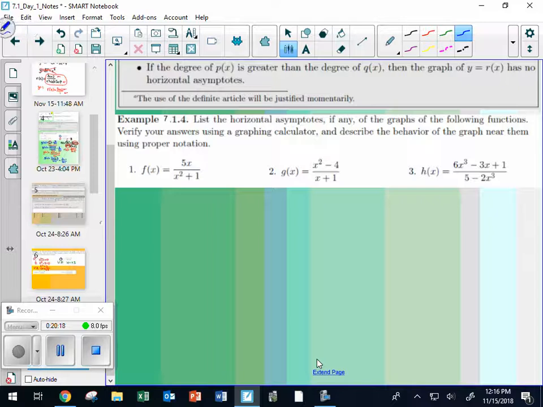And the cases depend on the degree of the polynomial in the numerator and the degree of the polynomial in the denominator, right? So we have 3 different cases. Case 1, let's give an example.